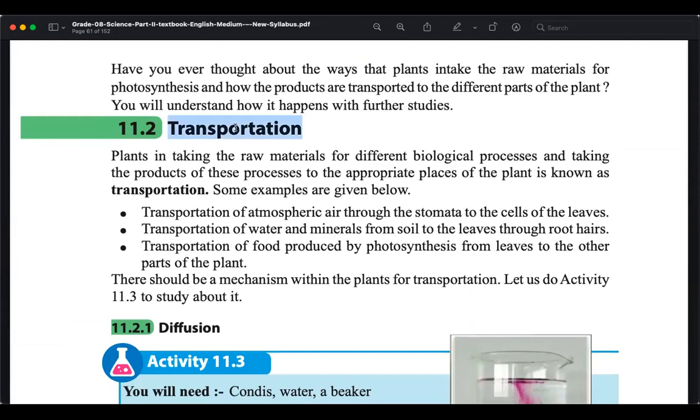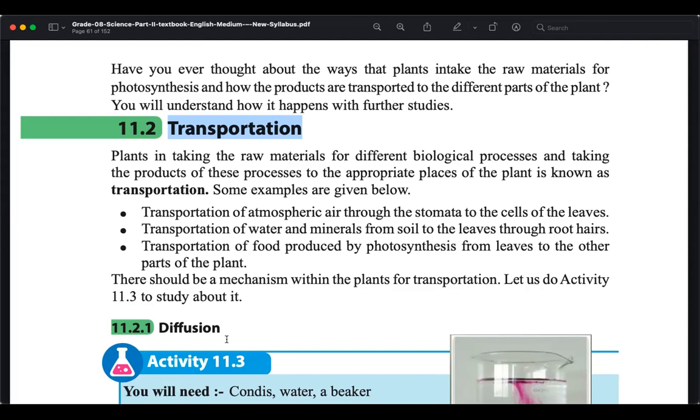Please write the heading: Transportation of air, water, and food inside a plant. Method number one, diffusion.